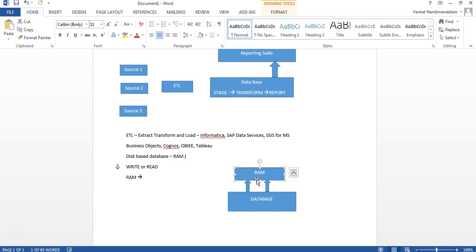So now we have to think, are we using the latest technologies and innovations that have occurred in the computer world in our existing databases or data warehousing applications? Definitely the answer is no. Why?